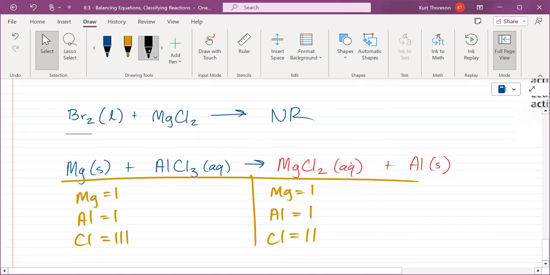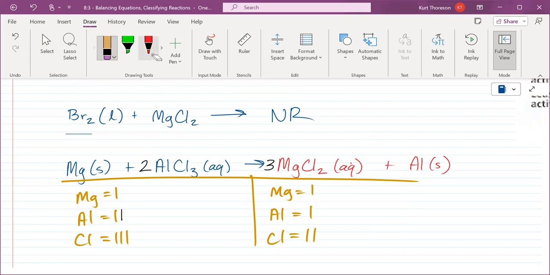That's always the case. So we need to put a 2 here and a 3 here. 2 times 1 is 2. 2 times 3 is 6. 3 times 1 is 3. 3 times 2 is 6.